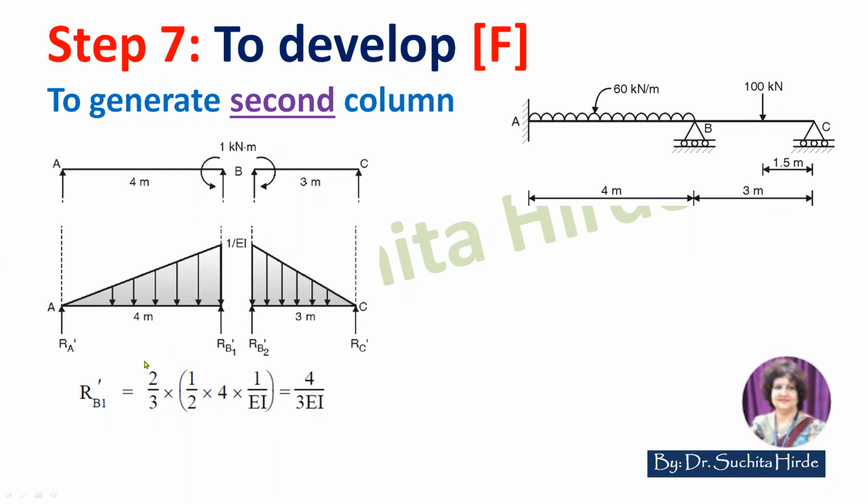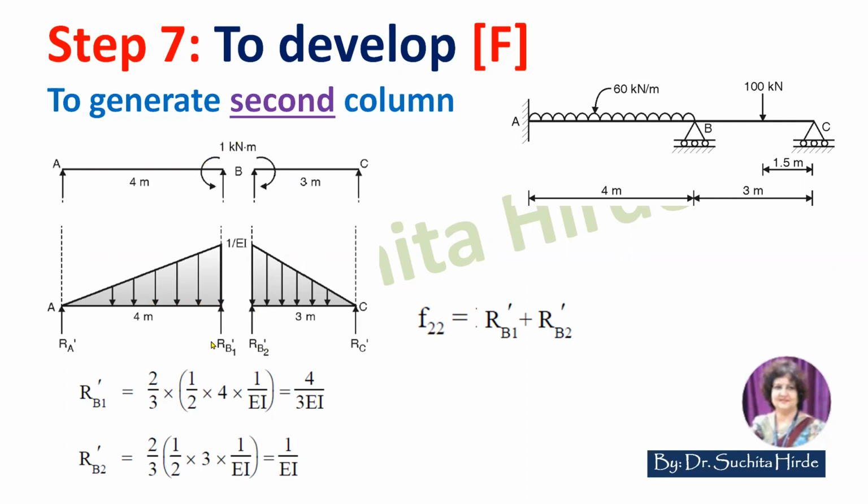So what is RB1 dash? It is the contribution in this slope from this part. So we have to calculate RB2 dash also. Similarly, we can calculate RB2 dash, and we will get 1 upon EI. So what is F22? F22 is displacement at 2 due to unit rotation at 2.